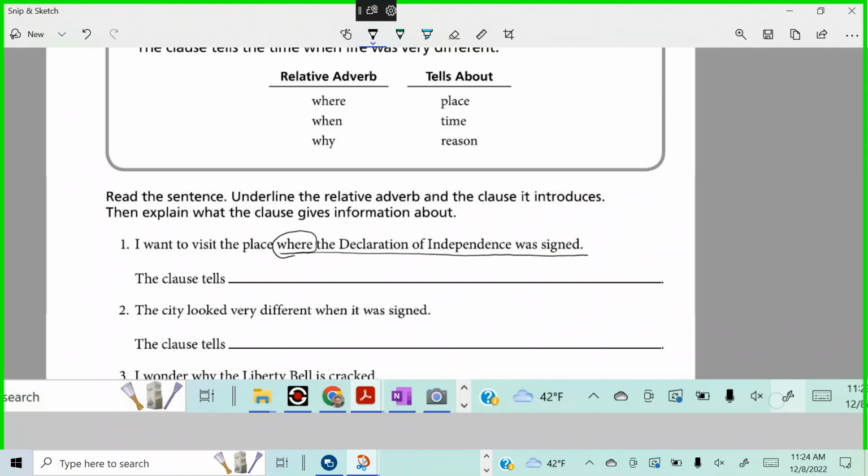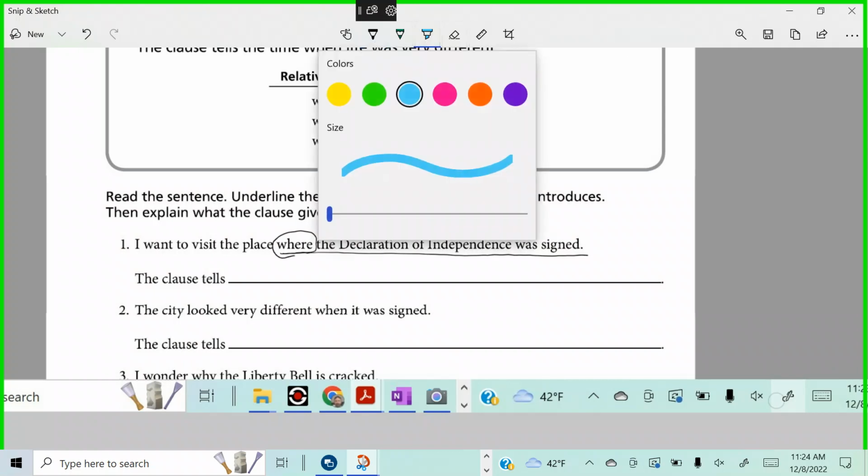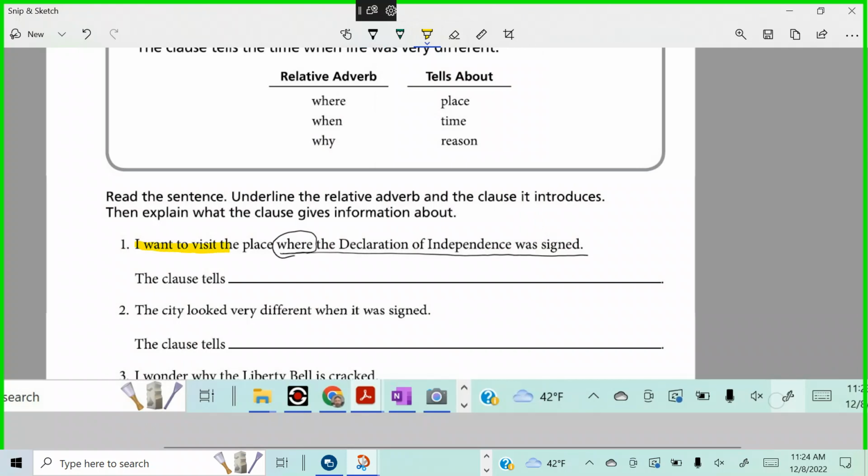So, AJ, I'll put you on the spot again. I want to visit the place. Is that a complete sentence? Yes. I, subject, want to visit the place is the predicate. What does the clause tell? Addison? It tells exactly where he wants to visit, and that's where the Declaration of Independence was signed.